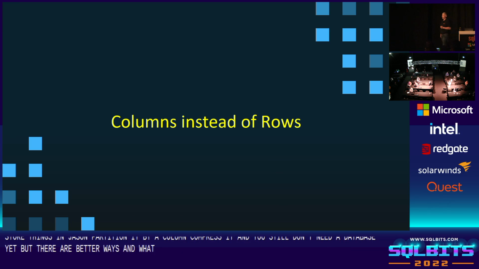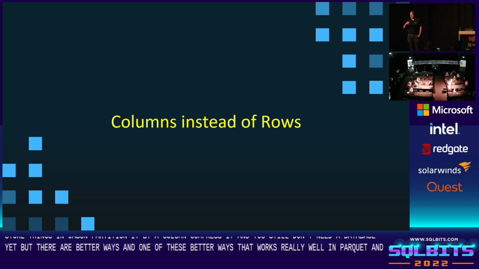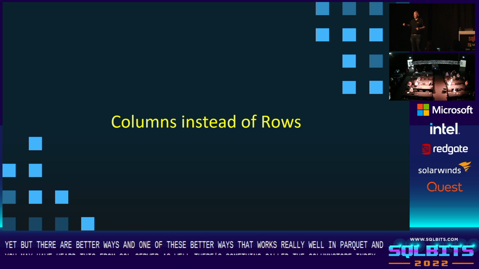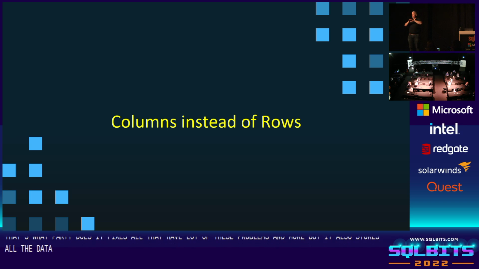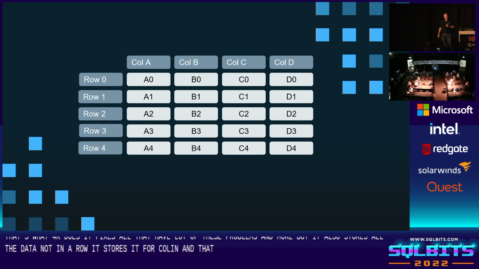And one of these better ways that works really well in Parquet, and you may have heard this from SQL Server as well, there's something called a column store index. That's what Parquet does. It fixes a whole lot of these problems and more, but it also stores all the data not in a row. It stores it per column. That logically still looks like a table with rows and columns.